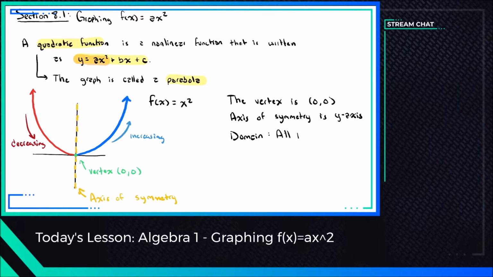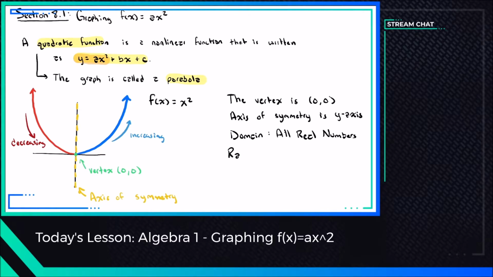In fact, it will be all real numbers for all parabolas. And then the range is going to be y is greater than or equal to 0. So whatever this y value is in your vertex, that is also going to be what your range is. It will either be y is greater than or equal to 0 or y is less than or equal to 0, depending on which way the parabola opens.